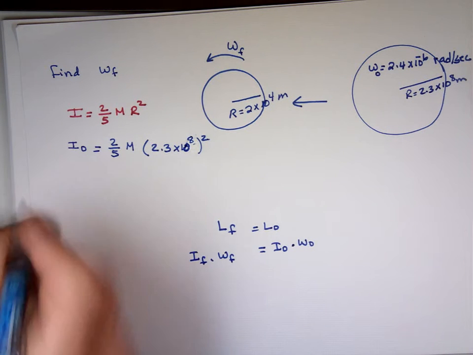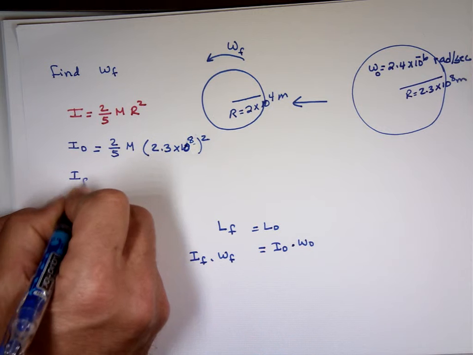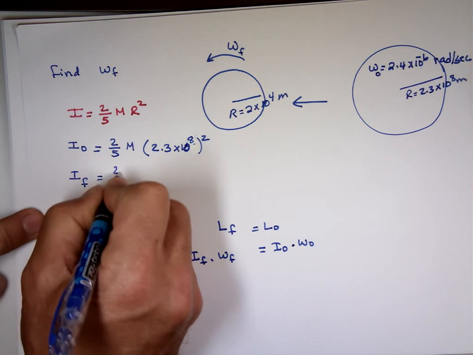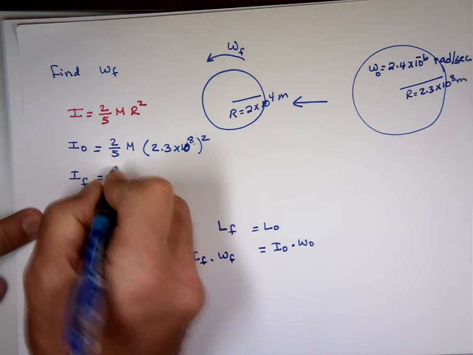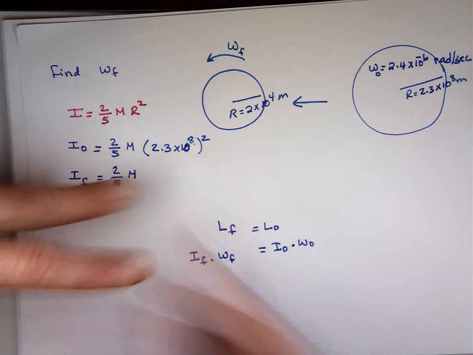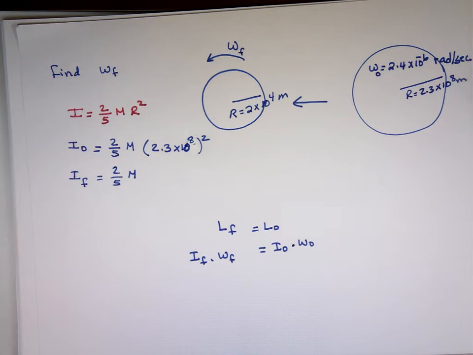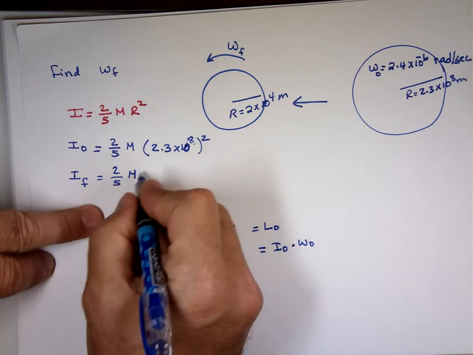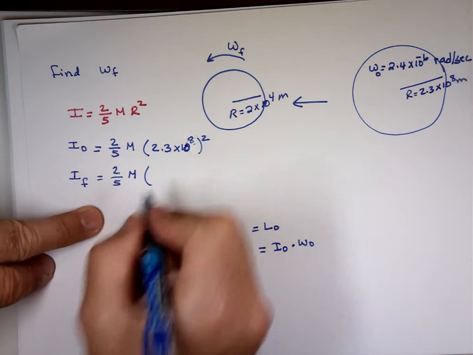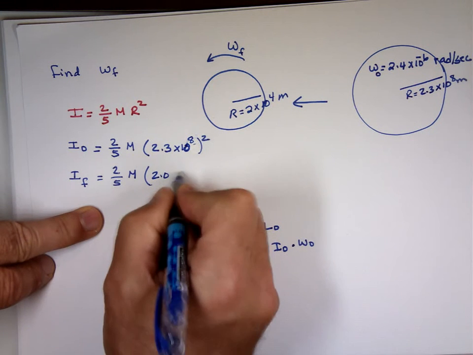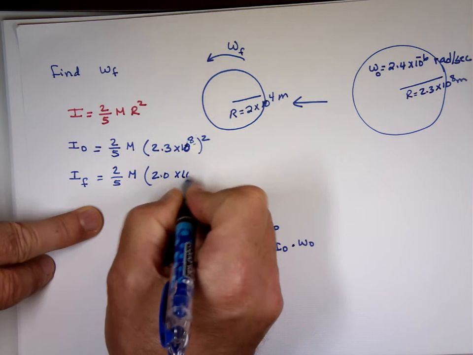And what is the final inertia? It's 2/5. The mass didn't change. Everything just sunk in there. And this is 2.0 times 10 to the 4th, squared.